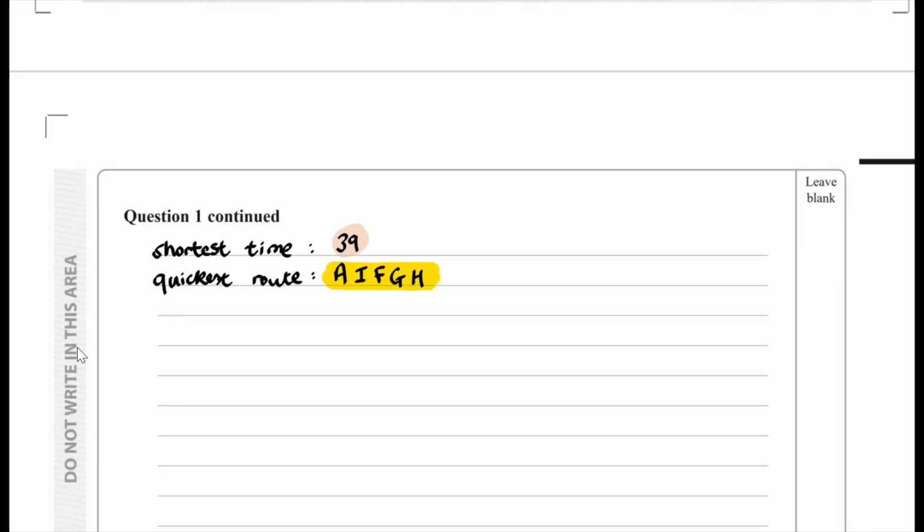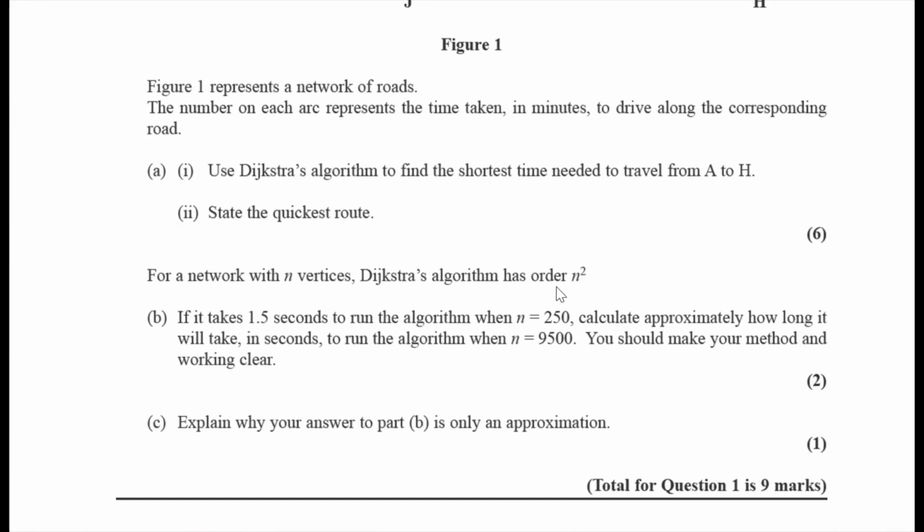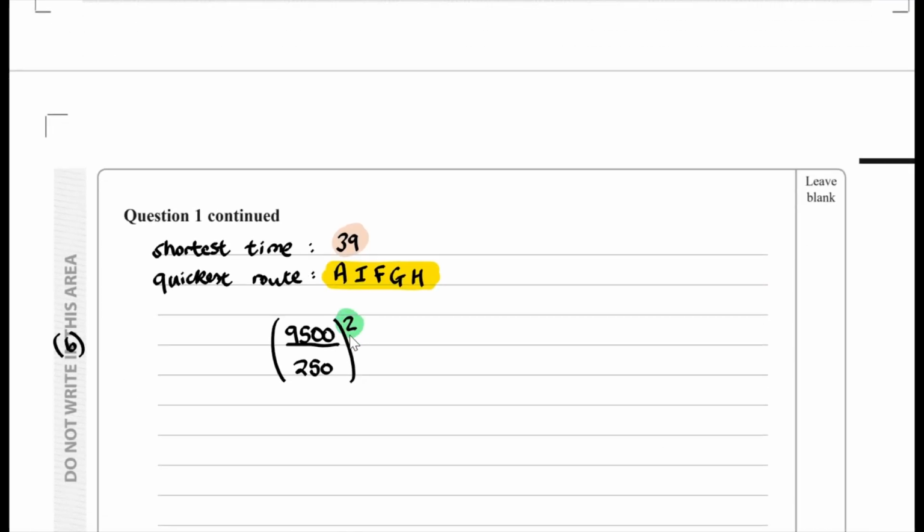Now our scale factor is 9500 divided by 250. And then because Dijkstra's algorithm has order n squared, we must square this scale factor.